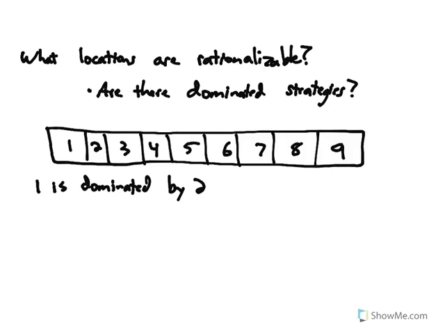To see this, we have to show that 2 is always a better place to locate than 1, regardless of the belief about where the other player locates. As far as rationality goes, we're allowed to believe anything we like about the other player. So we have to allow for the possibility that the other player adopts block 1 or block 2 or block 3 or block 4. We have to show that 2 is better than 1 no matter where the other player is expected to locate.